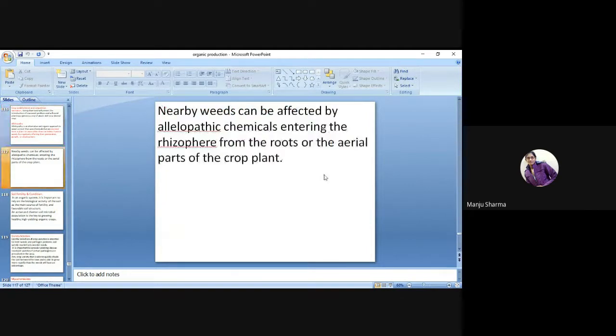So, the nearby weeds can be affected by allelopathic chemicals entering the rhizosphere from the roots or the aerial part of the crop plants.